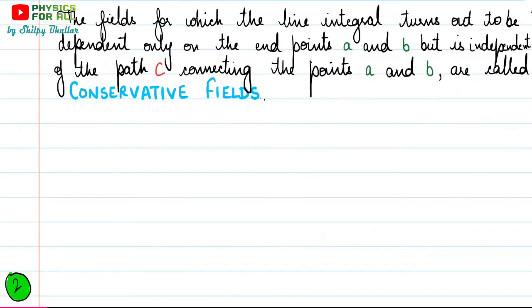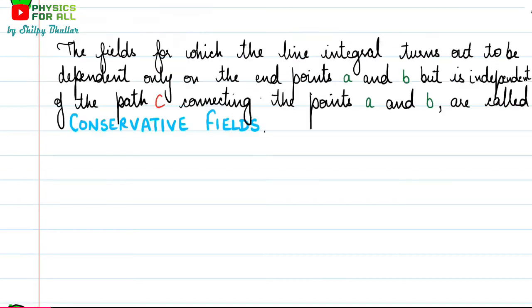We have the definition here that the fields for which the line integral turns out to be dependent only on the endpoints A and B, but is independent of the path C connecting the points A and B, they are called conservative fields.